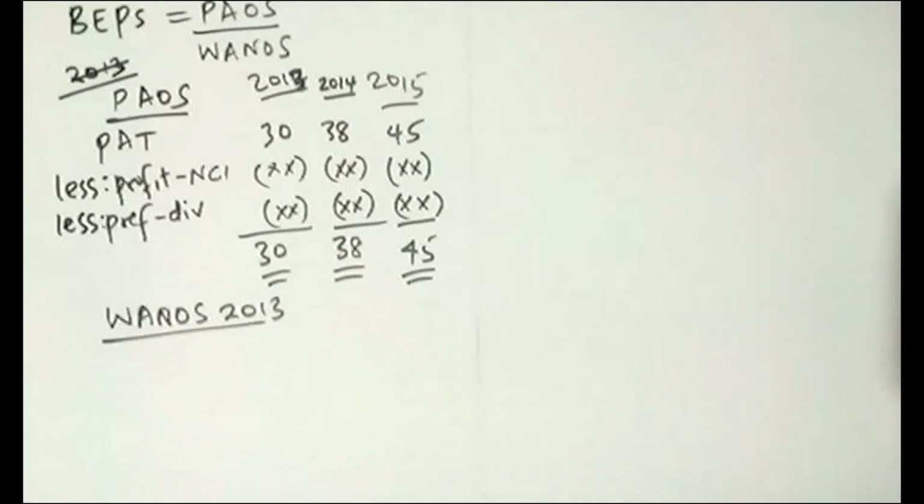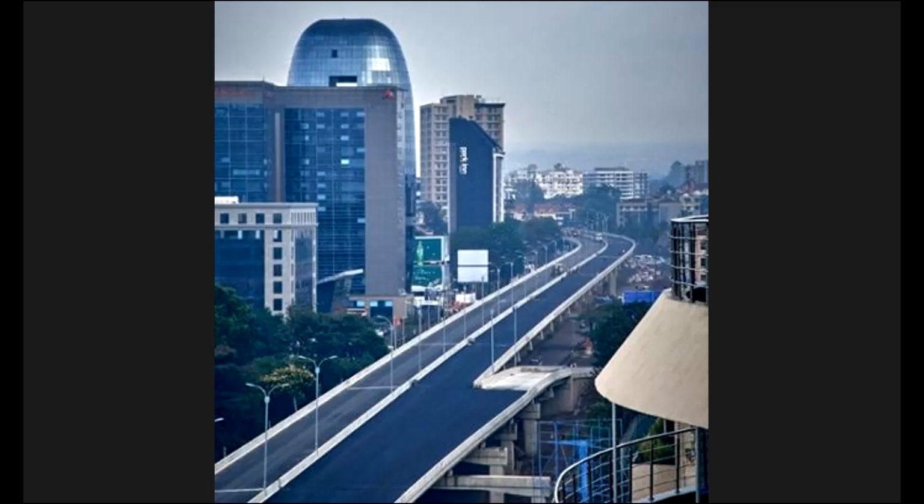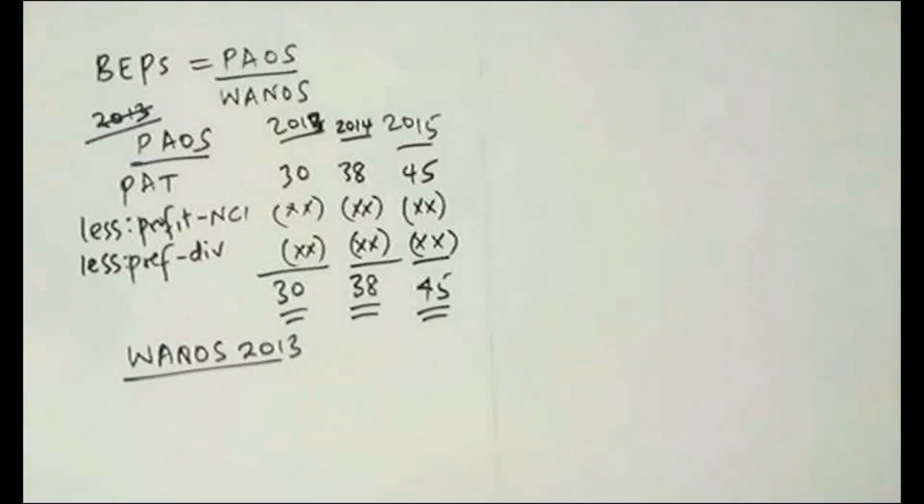Because we can even have preference shares, those are shares, but we don't use them in the determination of our WANOS. What we weigh is all about the ordinary shares. So which are these ordinary shares which were there in 2013?